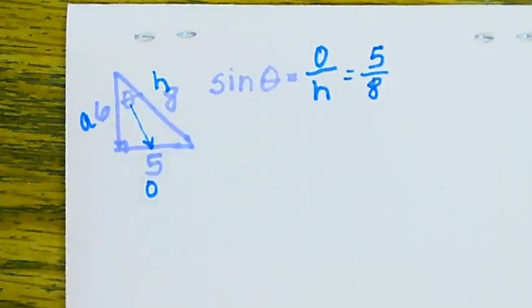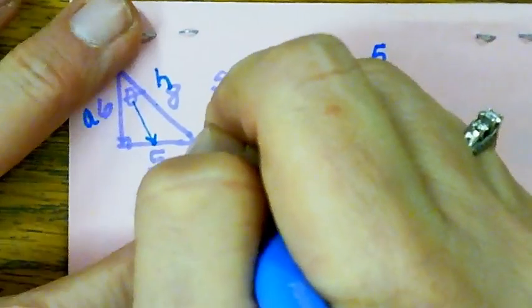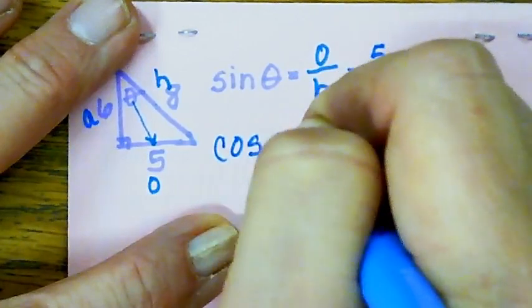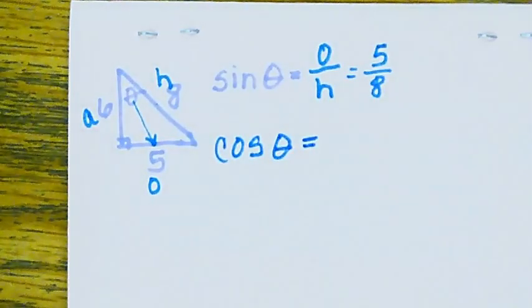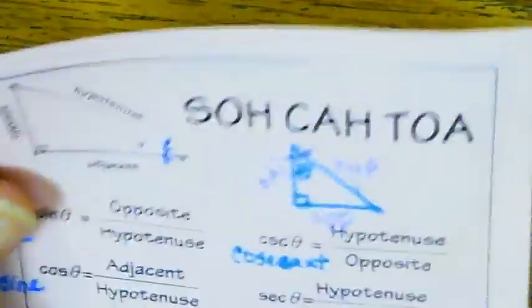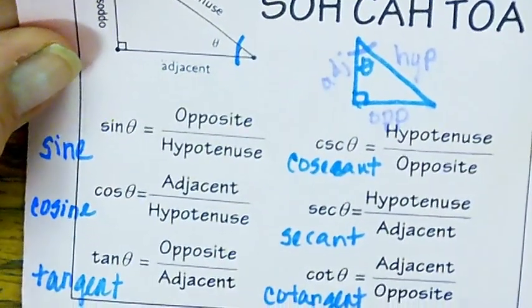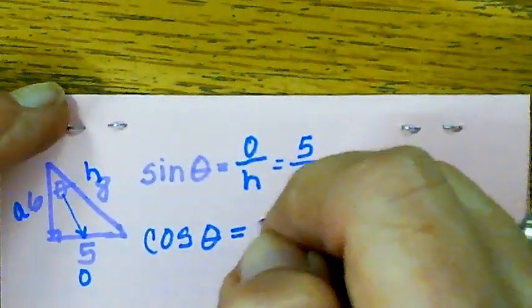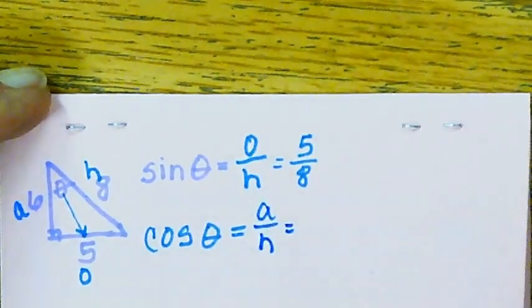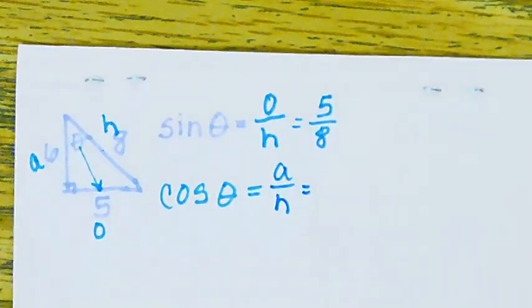Okay, what about if they ask us for the cosine? Now the cosine, we go back and look, what was it? Adjacent over hypotenuse. And what is that? 6 over 8.